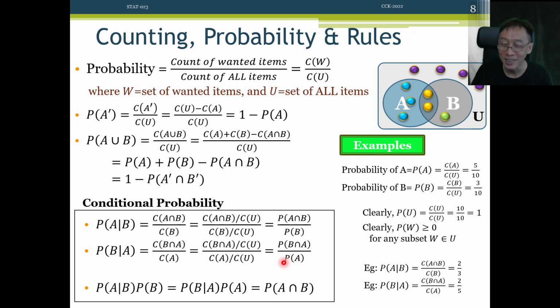Then what happens is that P of A intersect B is the same as P of B intersect A. And then we arrive at this very interesting situation. We put them together, and P of A given B times P of B is the same as P of B given A times P of A. That's it.